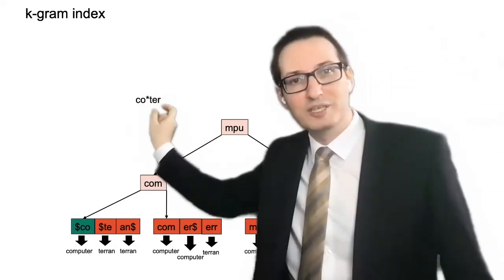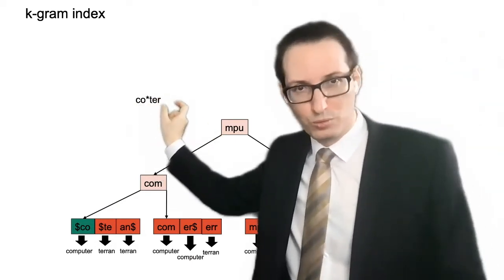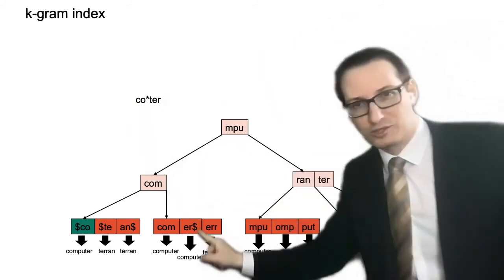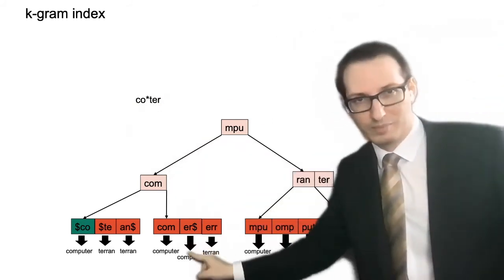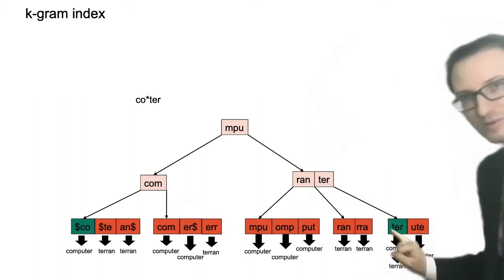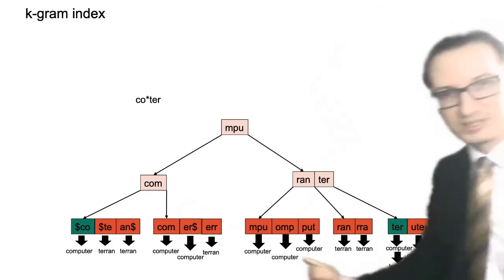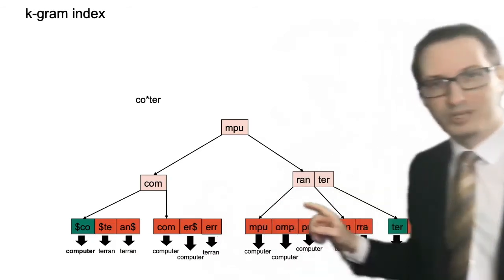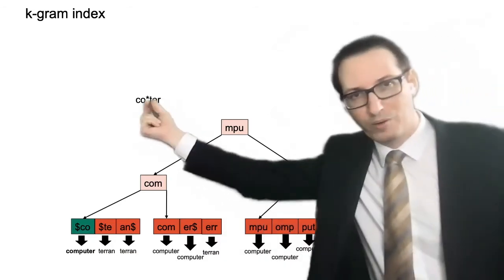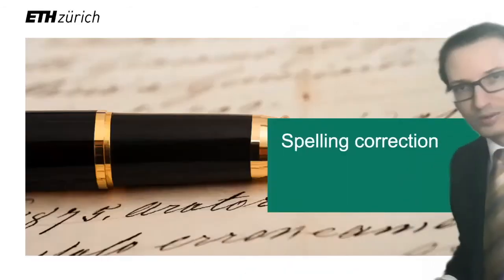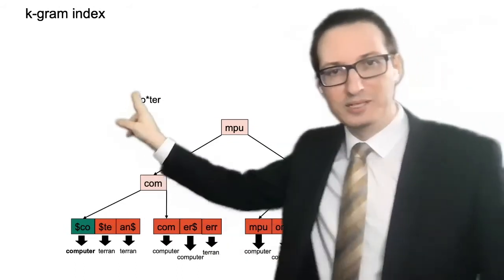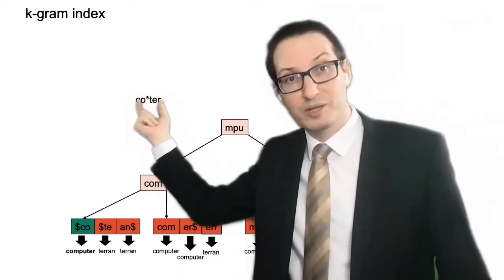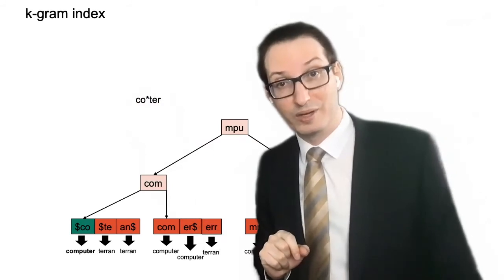And we would also have ER$ that we could also look at. Actually, I could also have included this one. That would have been fine too. So now we can look at computer, Terran, computer, and then we compute the intersection as we did before in order to find those that satisfy this query. And we located all the words that can possibly match this query.